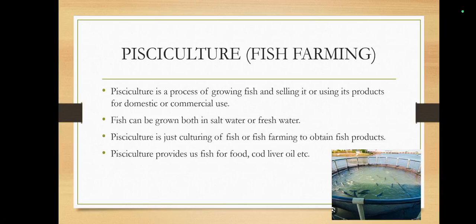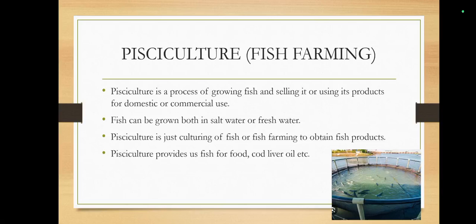Pisciculture can be done in both marine water and fresh water. Pisciculture, or fish farming, involves commercial breeding of fish, most often for food, in fish tanks or artificial enclosures such as fish ponds. It is a particular type of aquaculture, which is the controlled cultivation and harvesting of aquatic animals such as fish, crustaceans, and mollusks in natural or pseudo-natural environments.